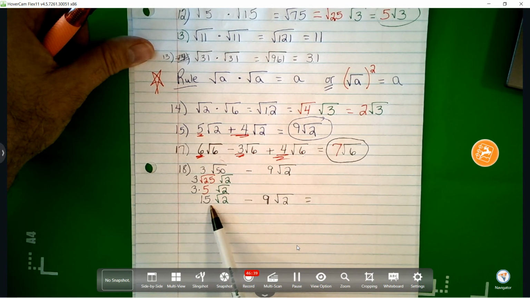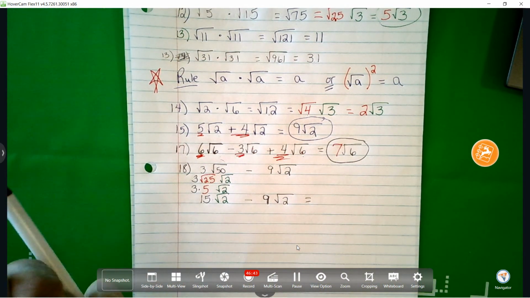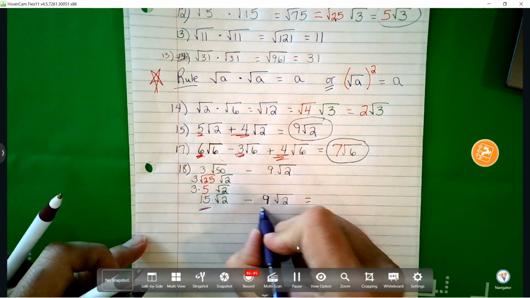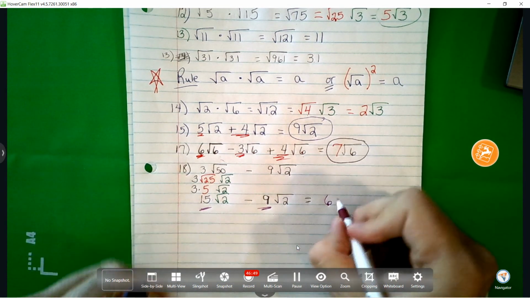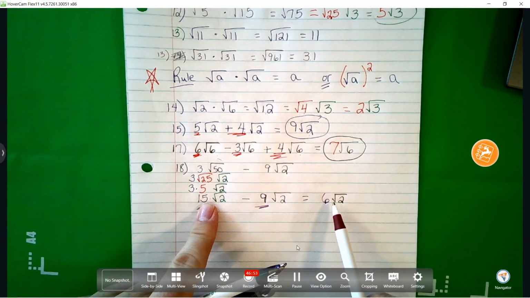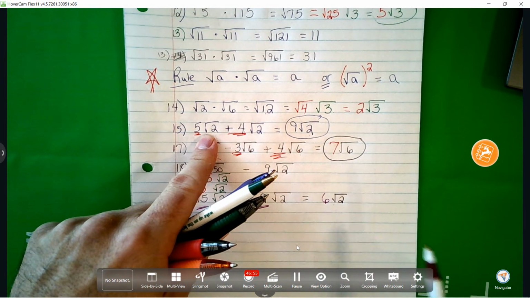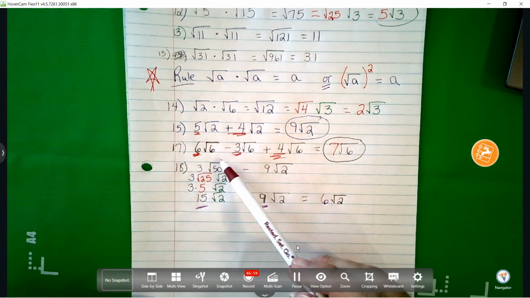We can do that. 15 square root of 2 minus 9 square root of 2. 15 minus 9 is 6 square root of 2. I'm doing this problem the same way I did number 15. But I first had to simplify the square root of 50.